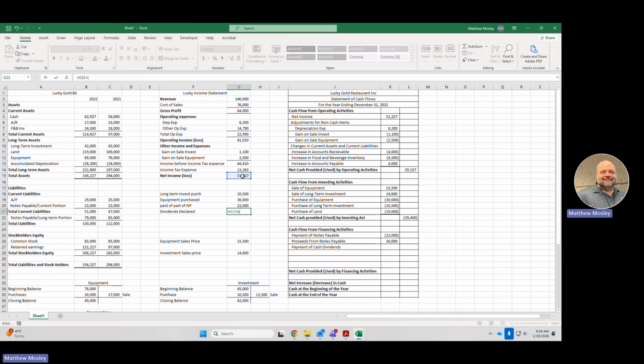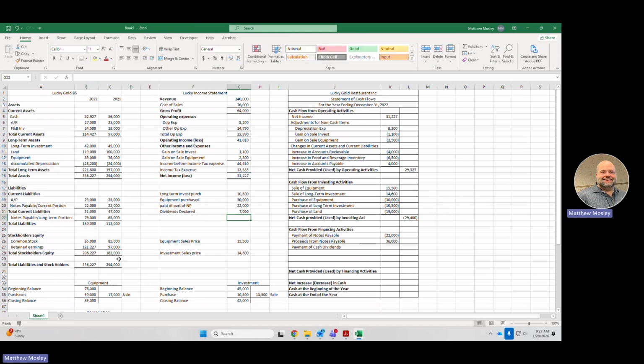So minus, oh, I accidentally put in a plus sign there. This minus that. Because that difference right there, which looks to be about $25,000 difference, is what we had after we declared our dividend from our net income.